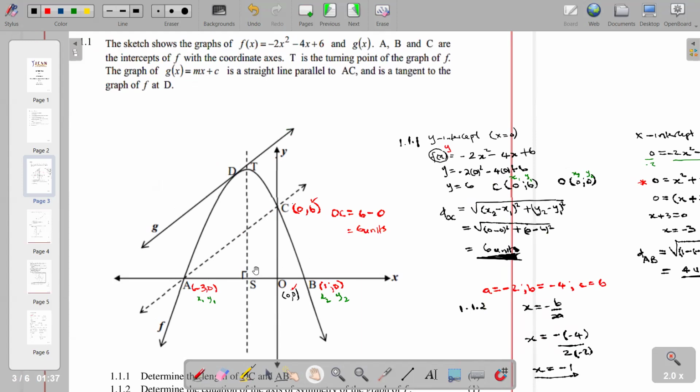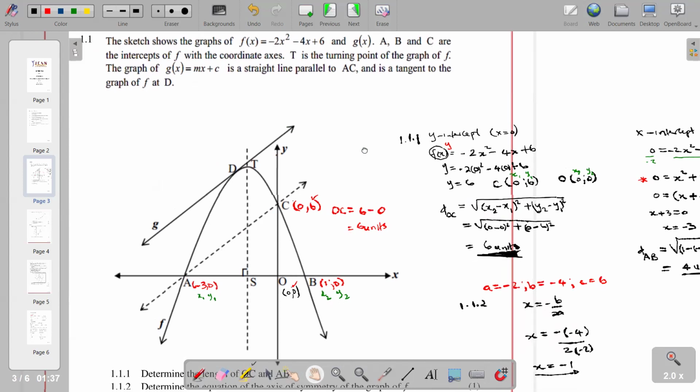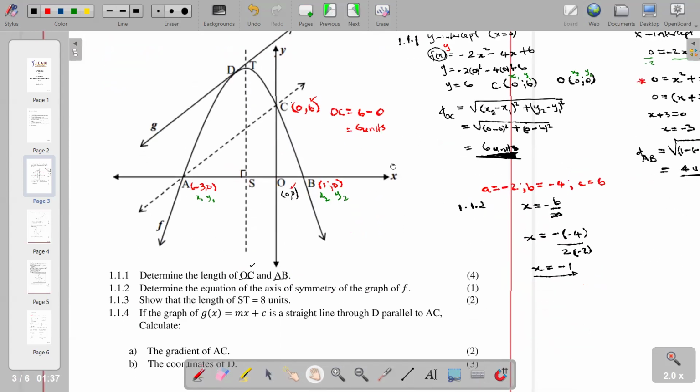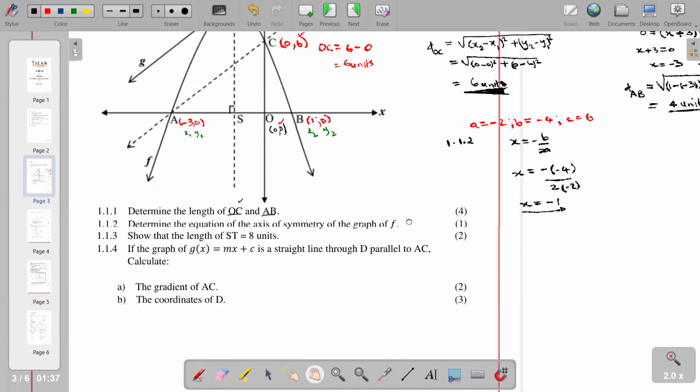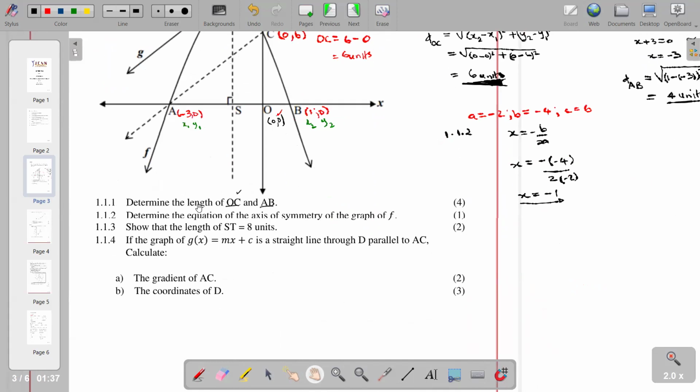So you realize that ST is a vertical line. So we have to calculate the coordinates of T.